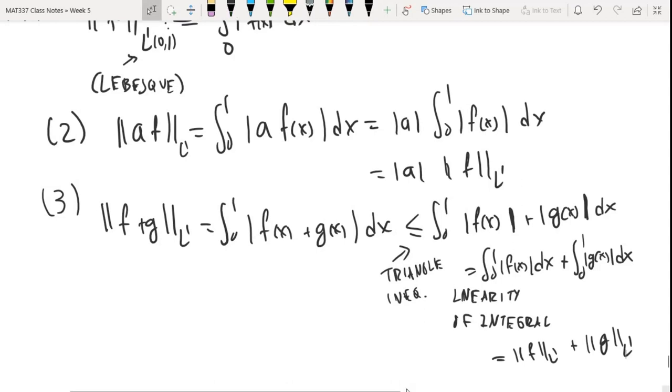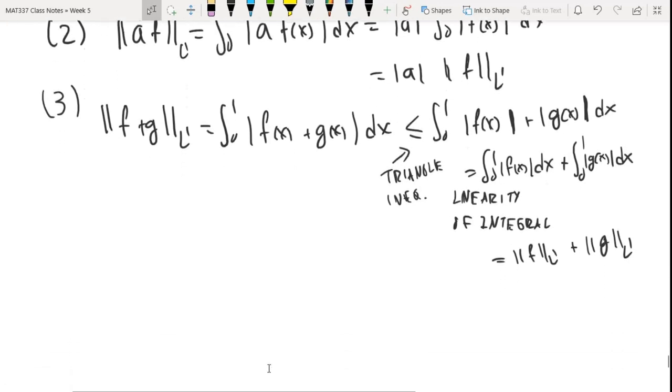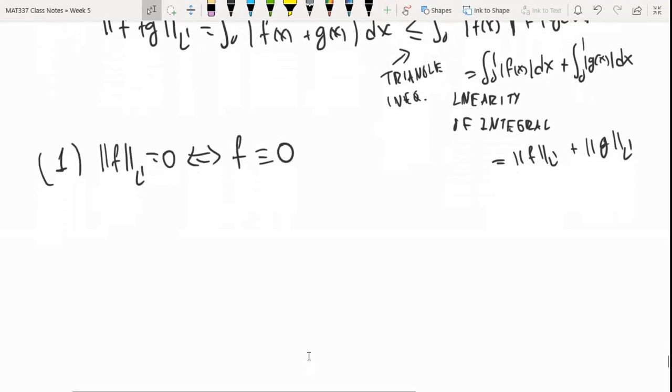Yes. Okay, then let's do the first one. This is a bit tougher. So we want to show that if this guy is 0, then f is identically 0. I mean both ways, but one direction is easy. So this is a nice proof. Yeah, if f is 0, then immediately you get the norm of f is 0. That's not hard. Okay. All right.